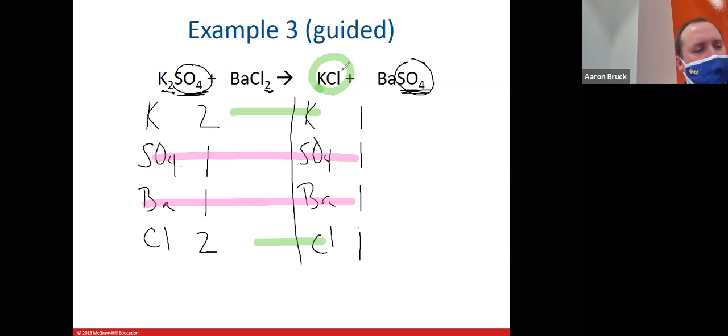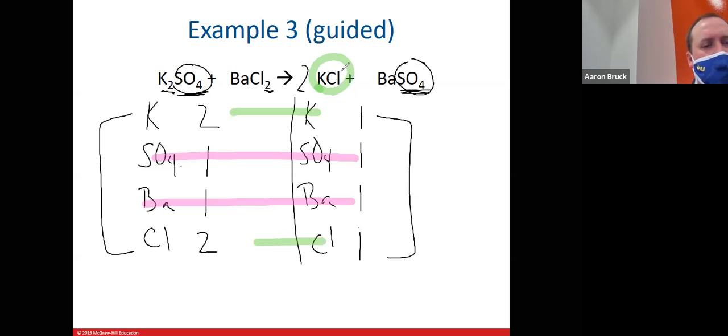Since these are both 2s and these are both 1s, adding that coefficient of 2 will solve both simultaneously. These ones tend to be very easy to balance as a result.